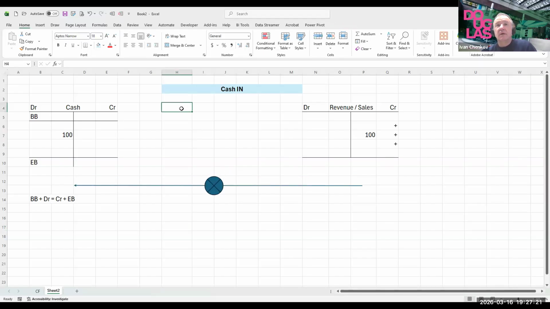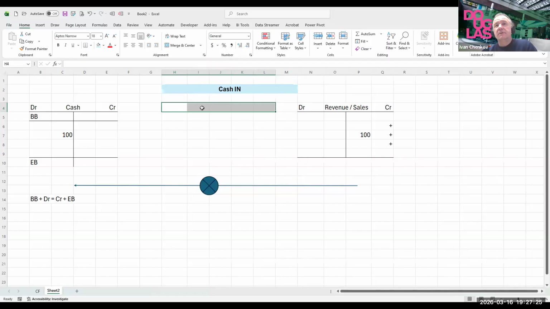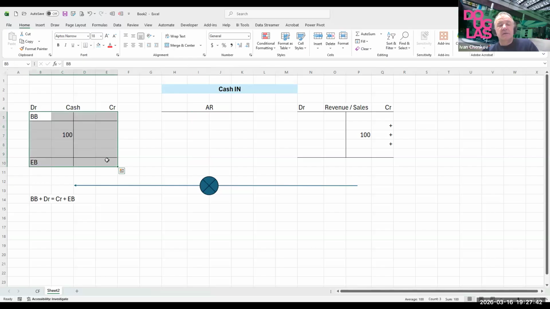So in the middle, I'm going to have a new account, which is going to be accounts receivable. And that creates my complication because accounts receivable is also an asset account and looks very much like this cash account. Since it's an asset account, it has a beginning balance, an ending balance, everything, debit and credit.